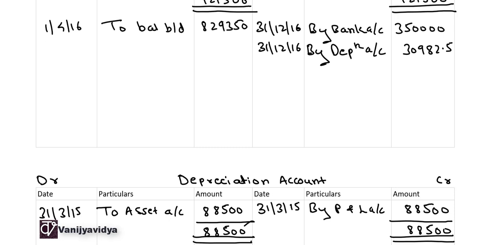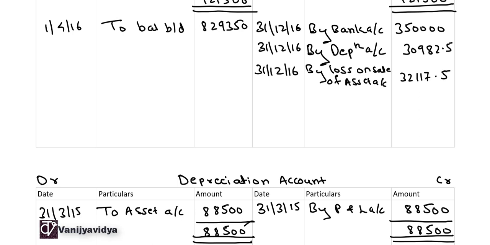In the asset account on the credit side, 31st December 2016, by loss on sale of asset account, and the amount is 32,117.5. This is the loss on sale. The second effect of this will be in your loss on sale of asset account.